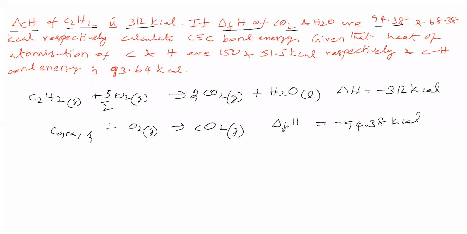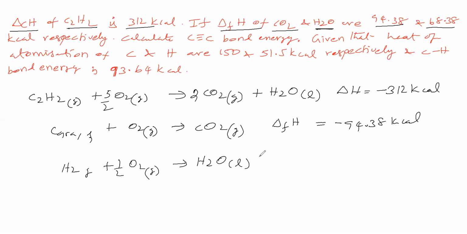Next, the enthalpy of formation of water, given as 68.38. For that we will write the formation equation. Water we will write on the right side in the liquid state. If they have not mentioned the physical state for water, we have to take liquid; if they mention a physical state, we write that. On the left side we write the constituent elements in their standard states.